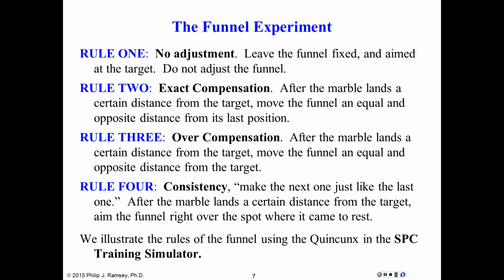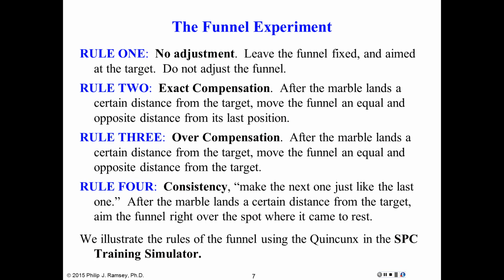Overcompensation is you actually figure out where the bead lands, you take the funnel and you move it in an opposite direction from the target. In other words, I don't just move the funnel 2 positions. So if I landed at 18, okay, or let's say I landed at 20, I would take the funnel, put it at 16, and then I would move it in the opposite direction to 12.